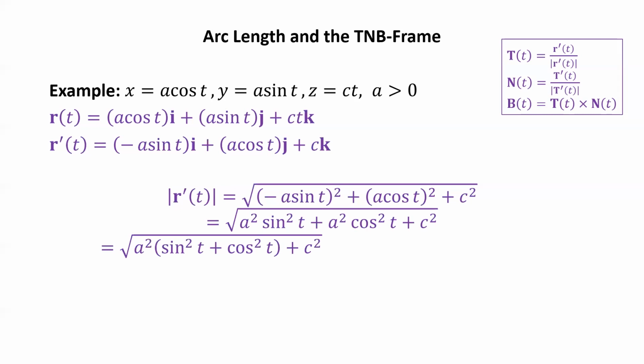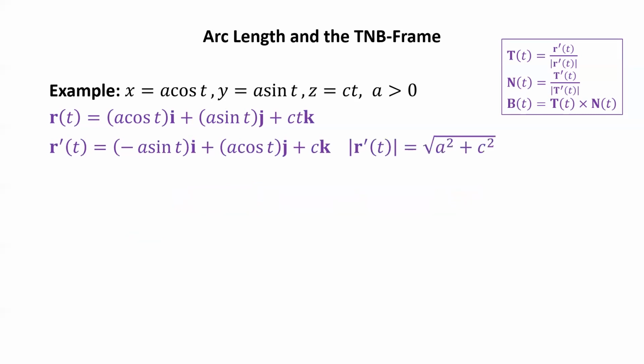We could factor out the a squared and use our main Pythagorean identity to replace sine squared t plus cosine squared t by 1. So this simplifies to the square root of a squared plus c squared.